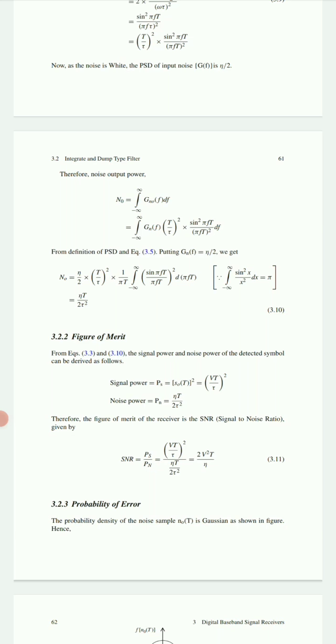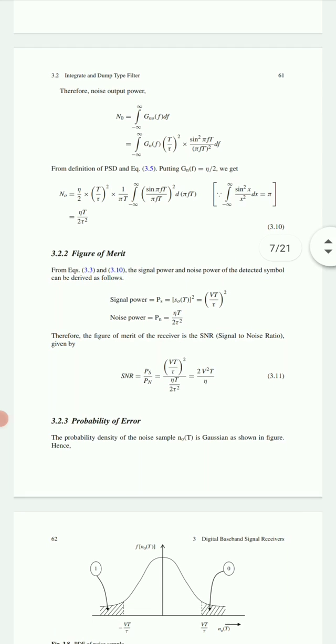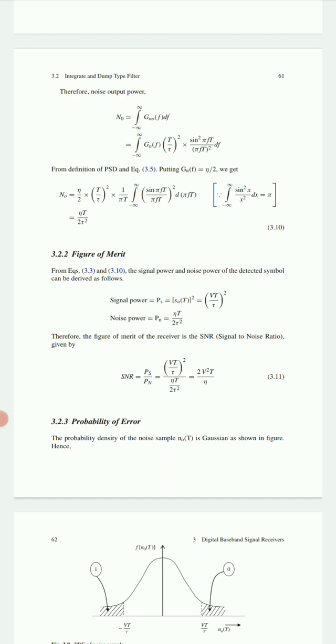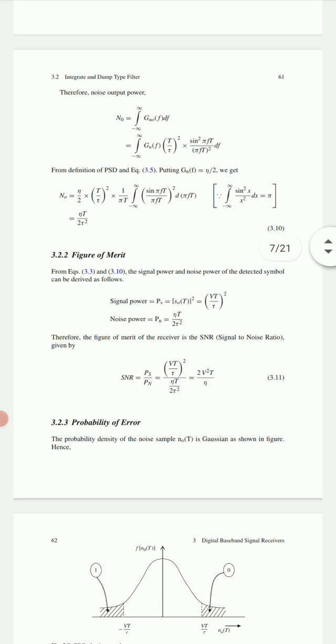Here we can see the figure of merit and the probability of error, and how we are supposed to increase and improve the SNR. The signal power and the noise power of the detected signal can be derived. The noise power is eta T upon 2 tau squared, which we have just seen, and the signal power P of S is V squared T upon tau squared.